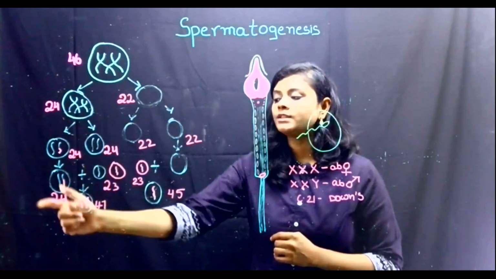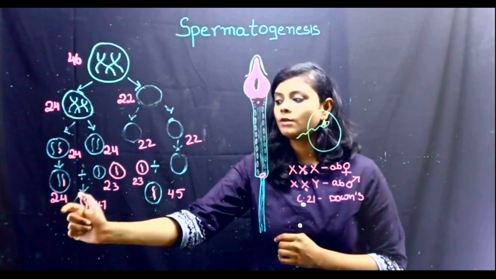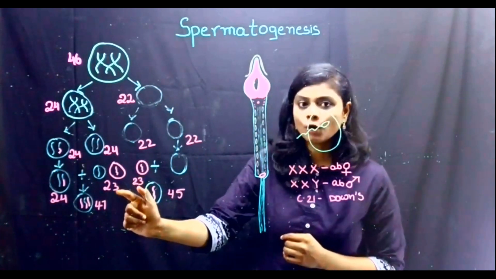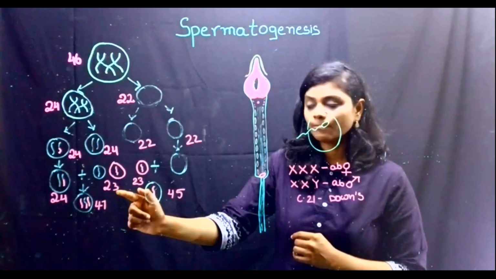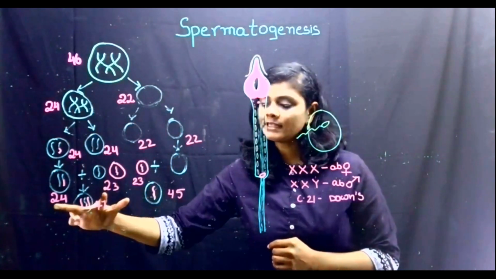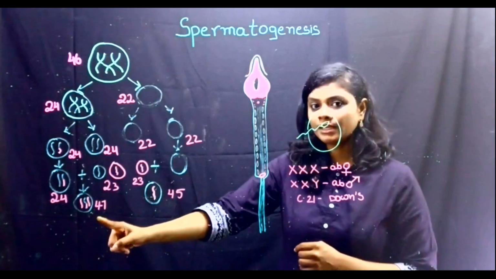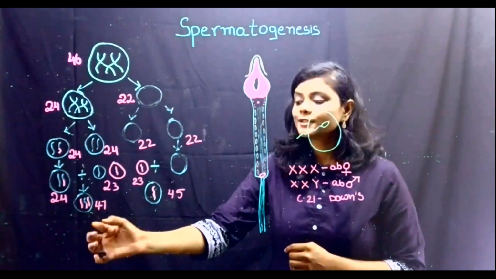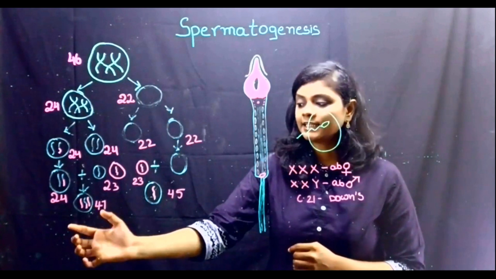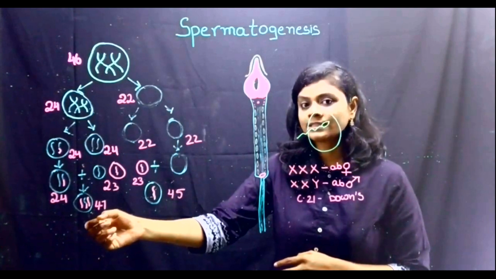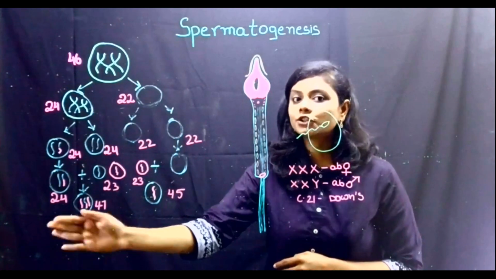What happens with this extra chromosome when it fertilizes a normal gamete with 23? 24 plus 23 gives 47. Actually, what should the number be? 46. So there is one extra chromosome, which is known as trisomy. So this is causing trisomy.